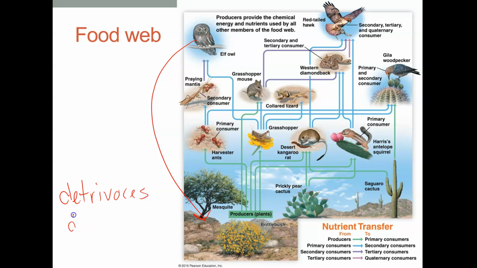And detritus, it comes from the word detritus, and sorry, that's an R. Detritus, yeah. Detrivores are organisms that eat dead things. So some of you have maybe heard of those, what are they called?